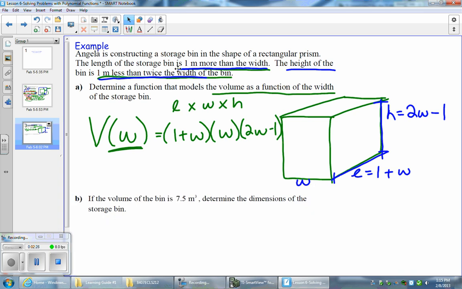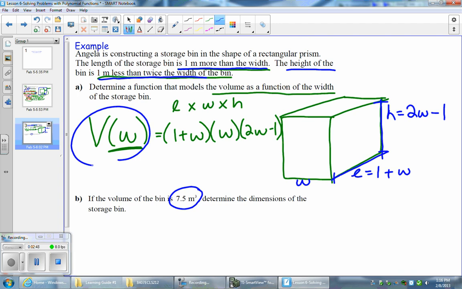It says if the volume of the bin is 7.5 meters cubed, determine the dimensions of the storage bin. So they're given the volume here, and we can use the volume function to find the dimensions. Go to your volume function right up here.